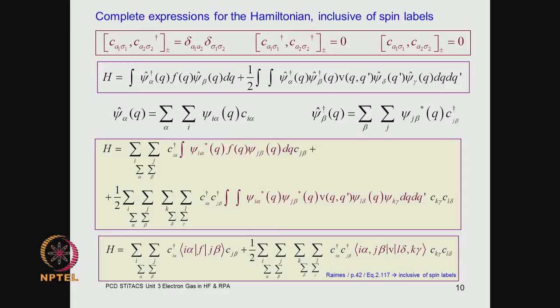The summation over alpha will go from 1 through 2j plus 1, and accordingly you have a number of summations, especially in the 2 electron term. So, the summations are doubled because there are 2 components of spin for spin half, corresponding to alpha and beta, or spin up and spin down. Okay. So, it is the same Hamiltonian now, but written explicitly in terms of the components corresponding to the spin multiplicity.